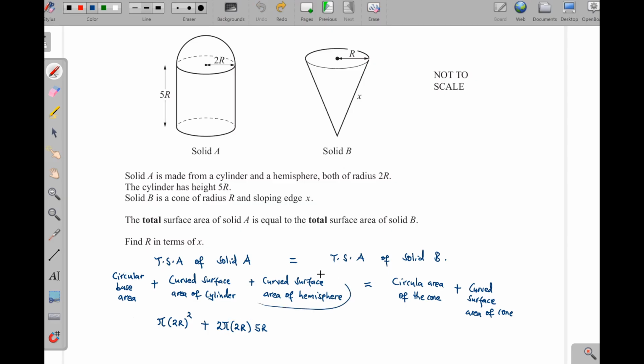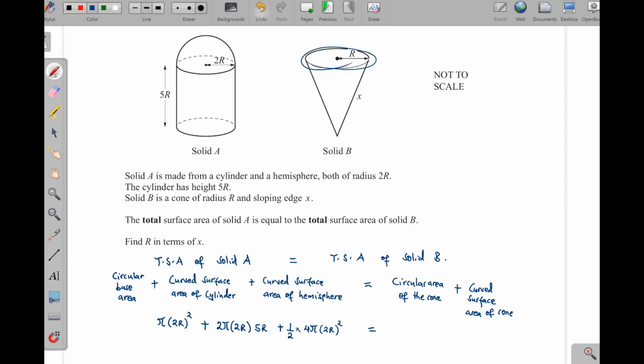So curved surface area of the cylinder, we have seen it is 2 pi, then r, and then h. Then we go to the curved surface area of the hemisphere. It is a half, then times the surface area of the sphere, which is pi r what? Squared. But the r is 2r here, then squared. Then we go to this side, the circular base.